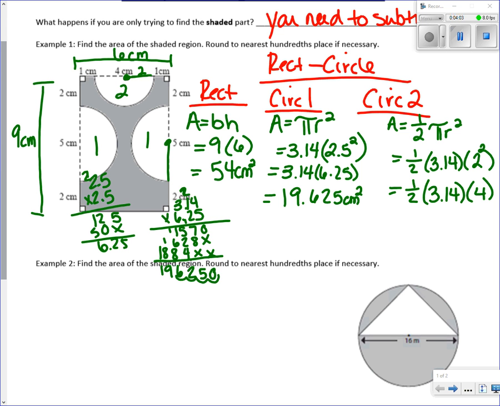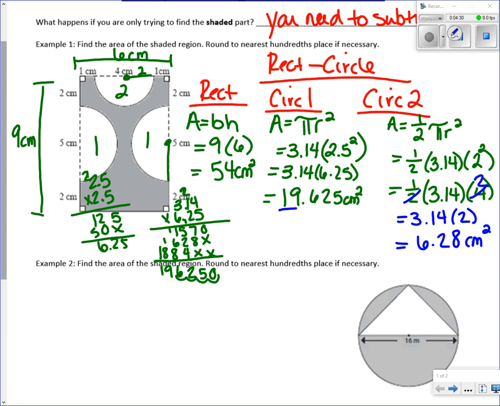I'm going to go ahead now and get rid of my half. I personally like to get rid of my half as early as possible. So I can cancel it out there. So I have 3.14 times 2. And that is 6.28 centimeters squared.